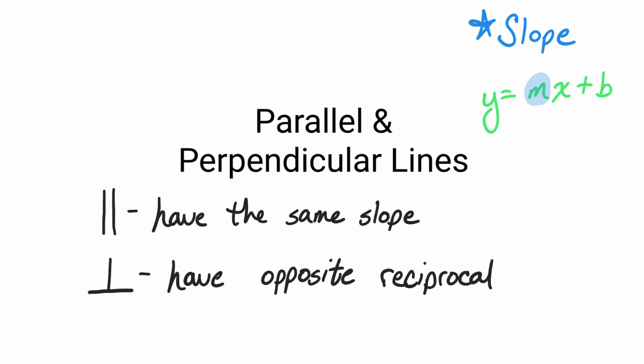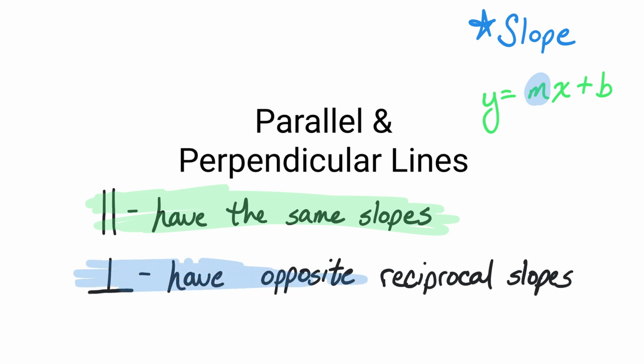So make sure you have these two little elements down as we move forward here. Parallel lines have the same slopes, and perpendicular lines have opposite reciprocal slopes.